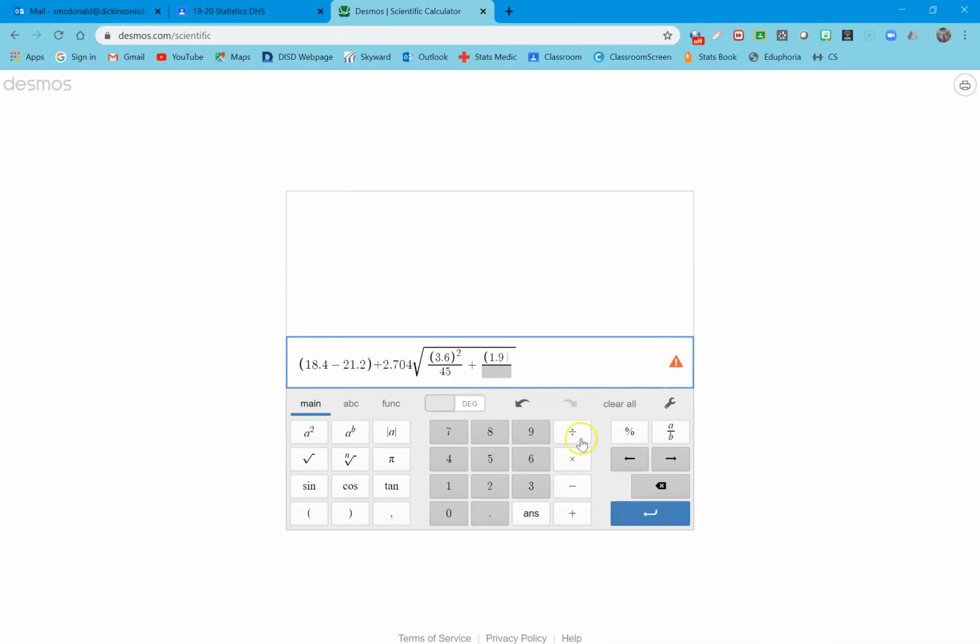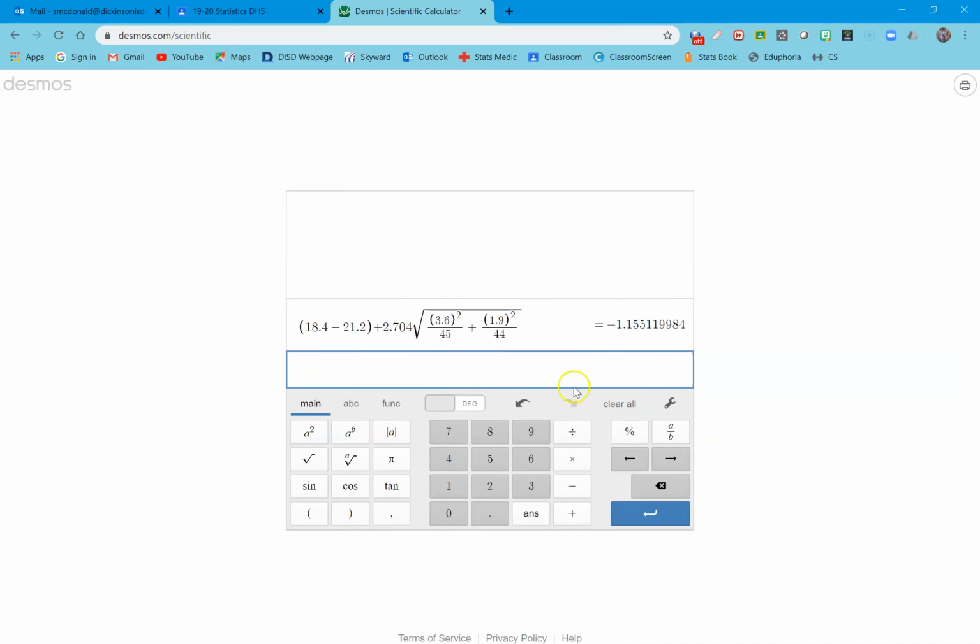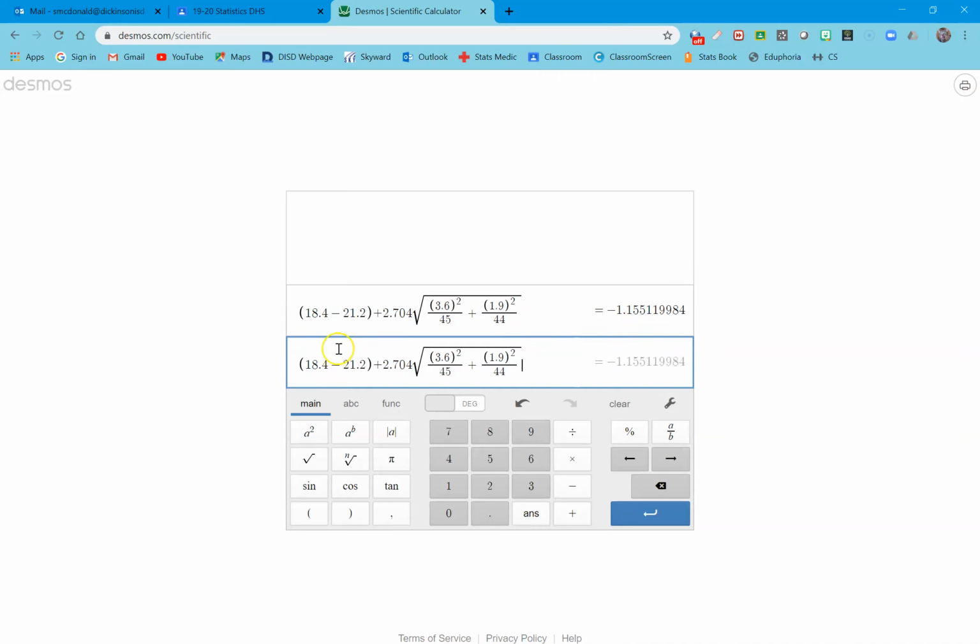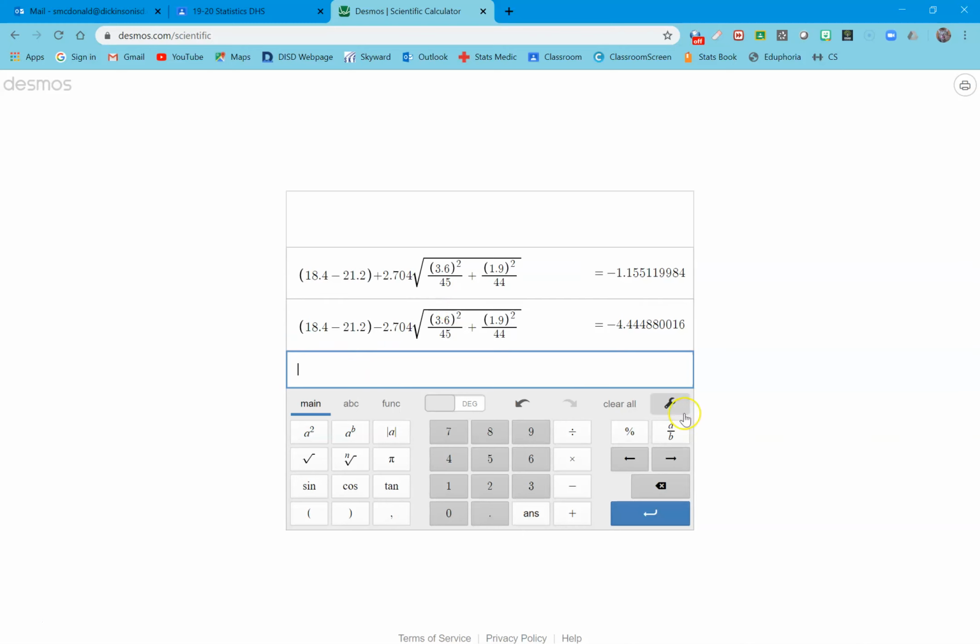1.9 squared over 44. Okay, so our first number is negative 1.155, which is about negative 1.16. And our second number, I'm going to change that to a minus sign, is negative 4.44.